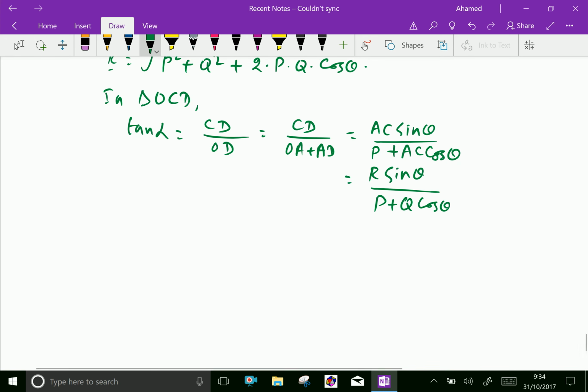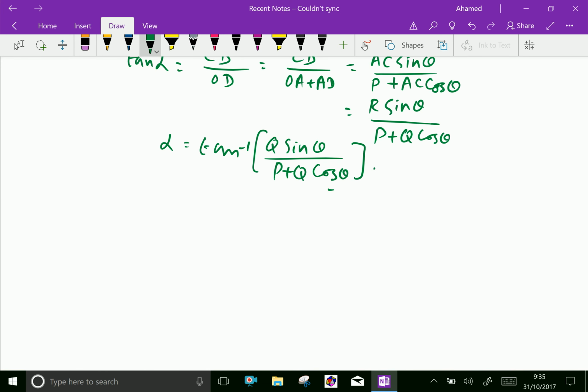Now we can find the angle of the resultant vector to the horizontal, that is alpha equals tan inverse of Q sin theta over P plus Q cos theta.